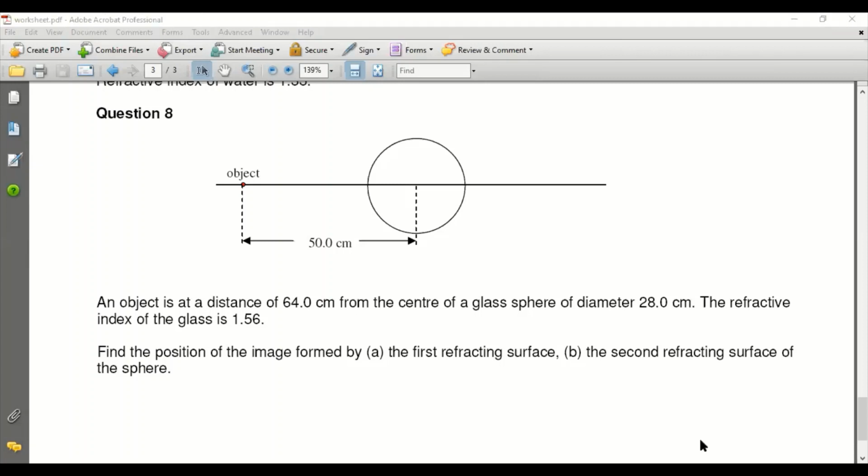And this will be the answer for question number 1. Question number 2. Question number 3.